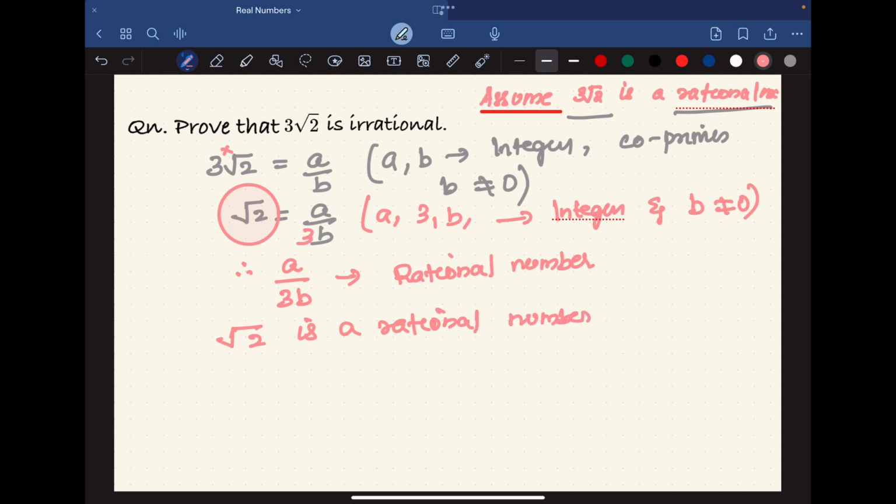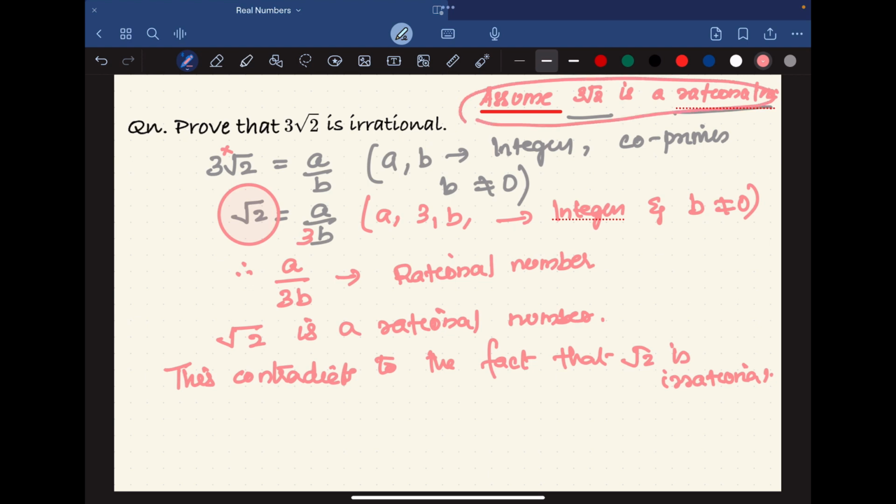This contradicts the fact that root 2 is irrational. So what can we conclude here? We can conclude that our assumption that 3 root 2 is rational is wrong.